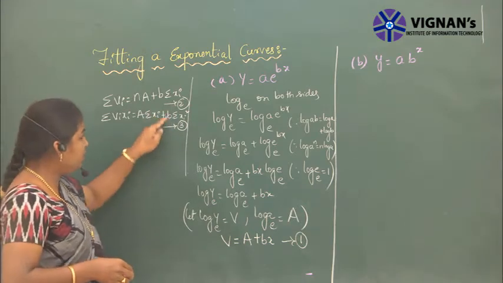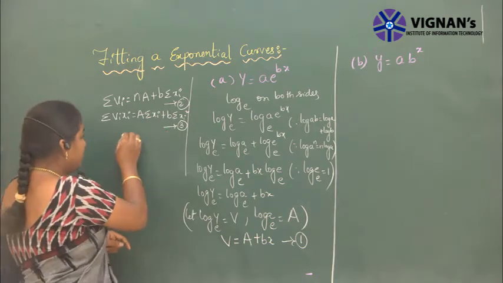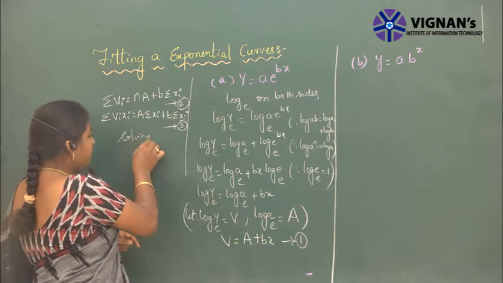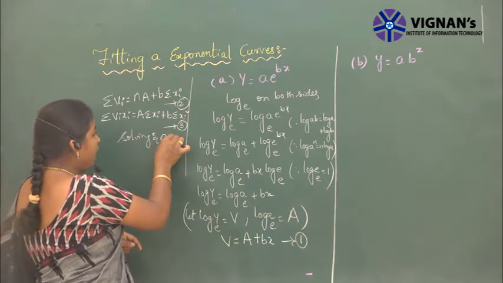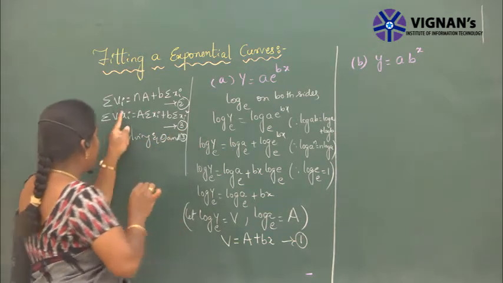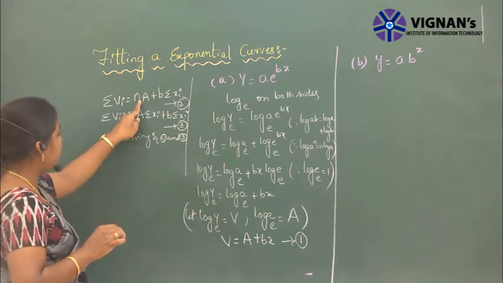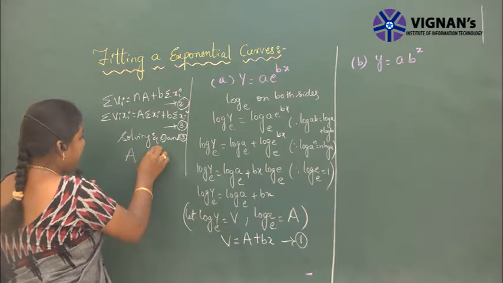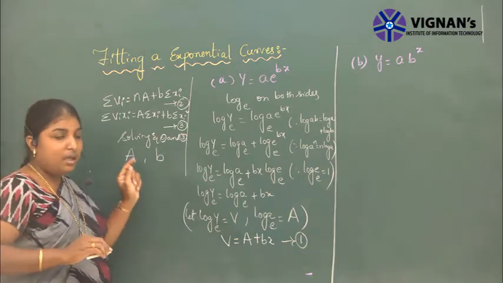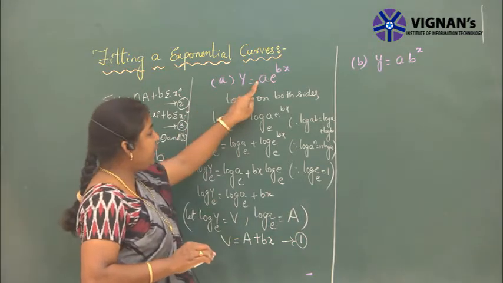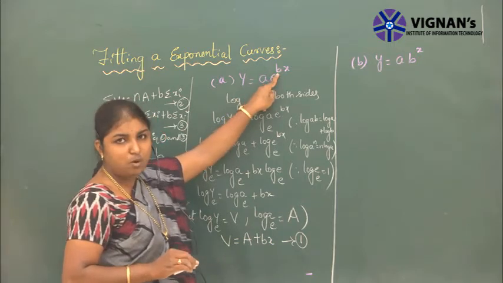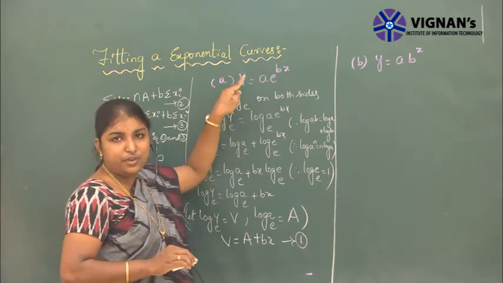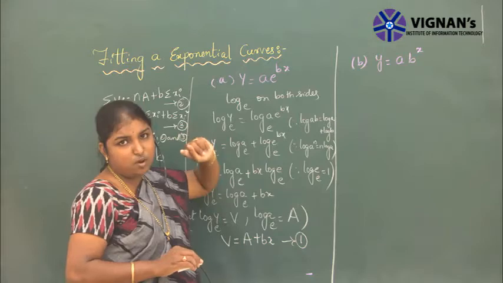We solve equation 2 and equation 3 and we get two unknown values, capital A and small b. But in our exponential curve we have small a and small b, so our wish is to find small a and small b.